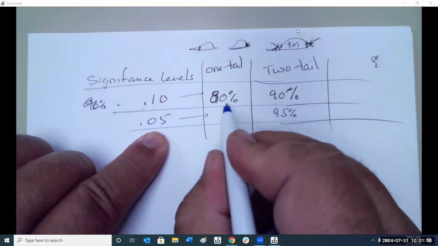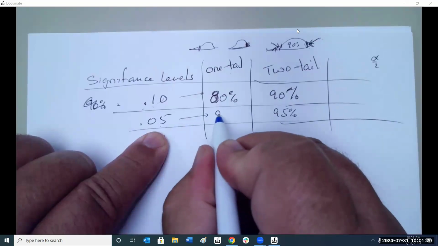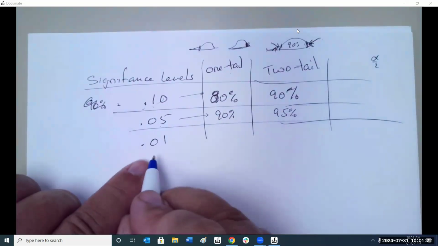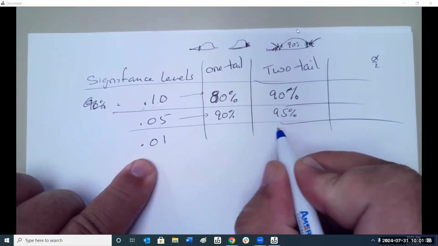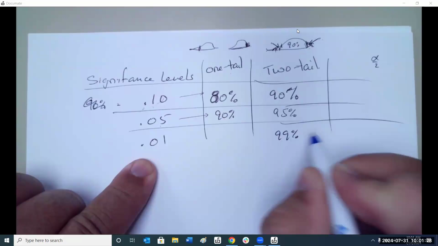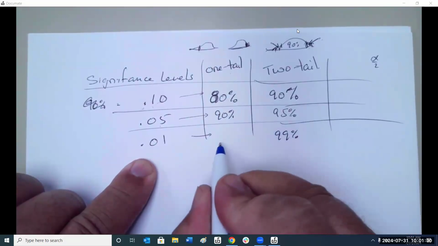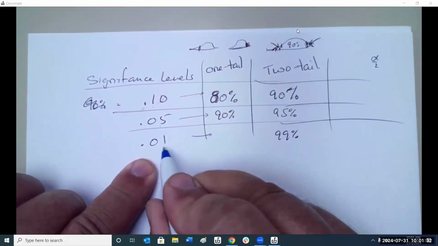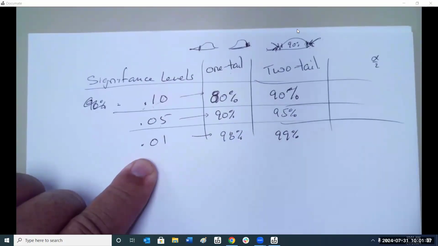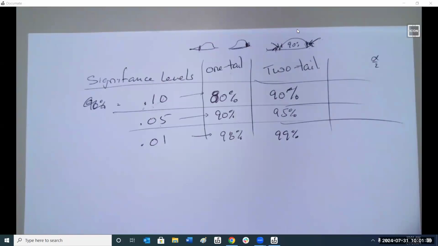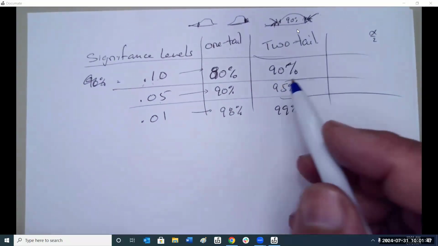Now for this one, 90%, which is twice as much. For 1%, this would be 99%. And this one, times 2, makes it 98%. So that's what we're looking at.